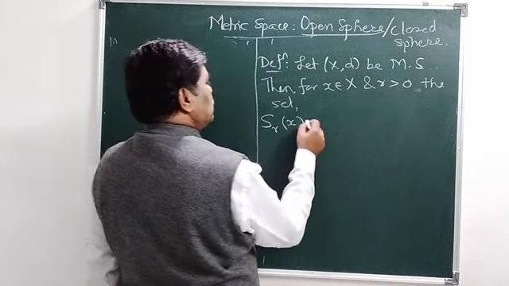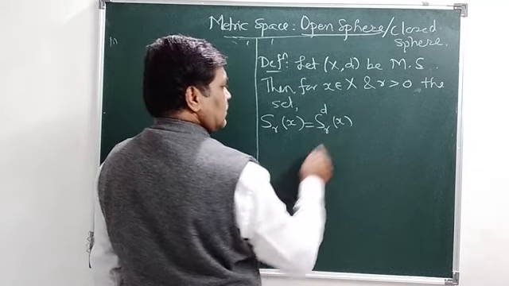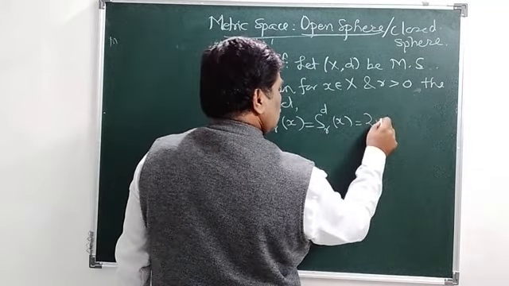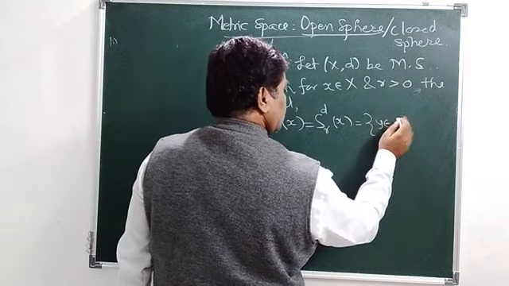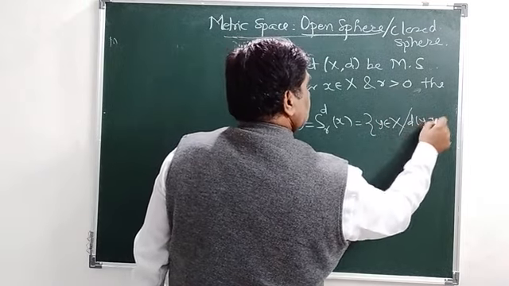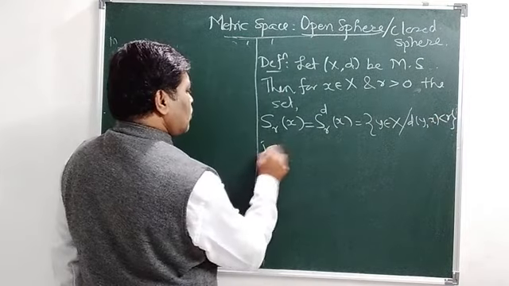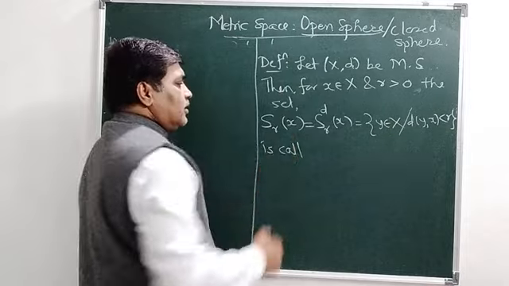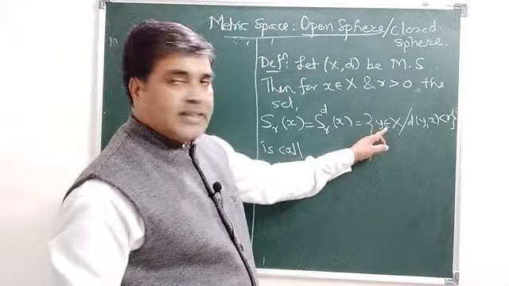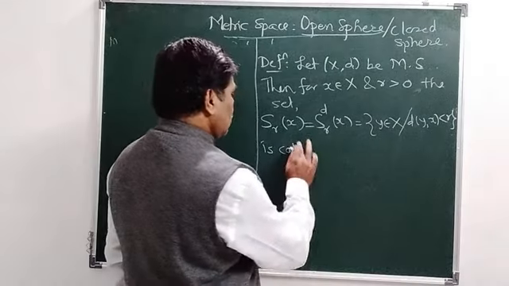Sometimes I can use S_r(x) with d also here. What is this set? It is the set of those y belonging to X such that d(y, x) is less than r. It is the set of all points in X which are at a distance less than r from x.